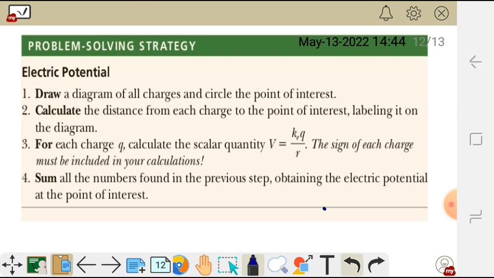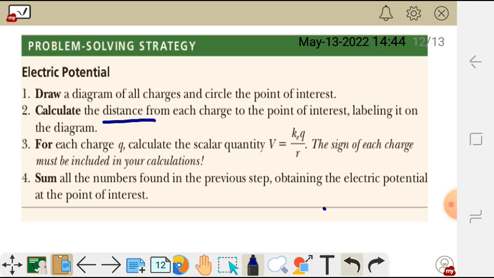To follow the problem solving strategy for electric potential, firstly we need to draw a diagram of all charges and circle the point of interest. Then we calculate the distance from each charge to the point of interest, where we have been asked to find the electric potential.